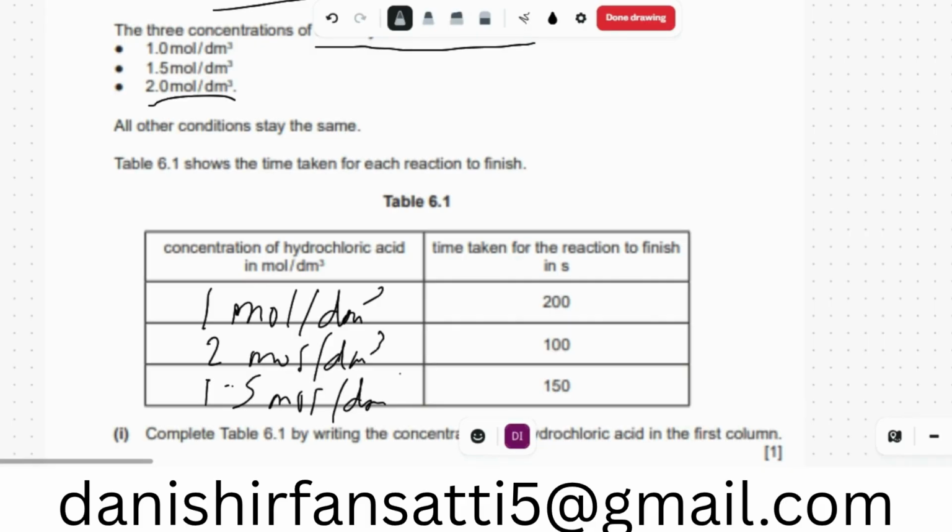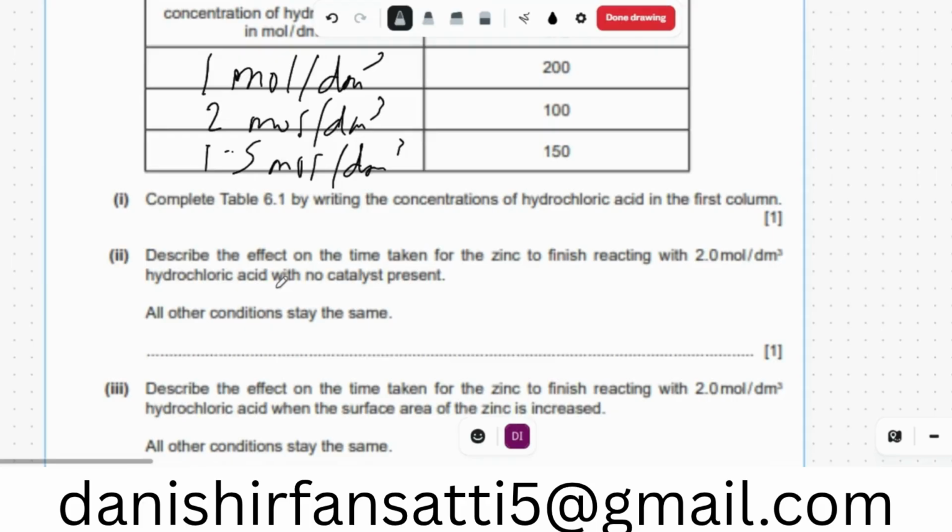As the number of moles per decimeter cube is more, the reaction will be faster. Complete the table. Describe the effect on the time taken for the zinc to finish reacting with 2 moles of hydrochloric acid with no catalyst present. All the other conditions are the same. It will take longer. A catalyst will decrease the activation energy, so the reaction will move faster.